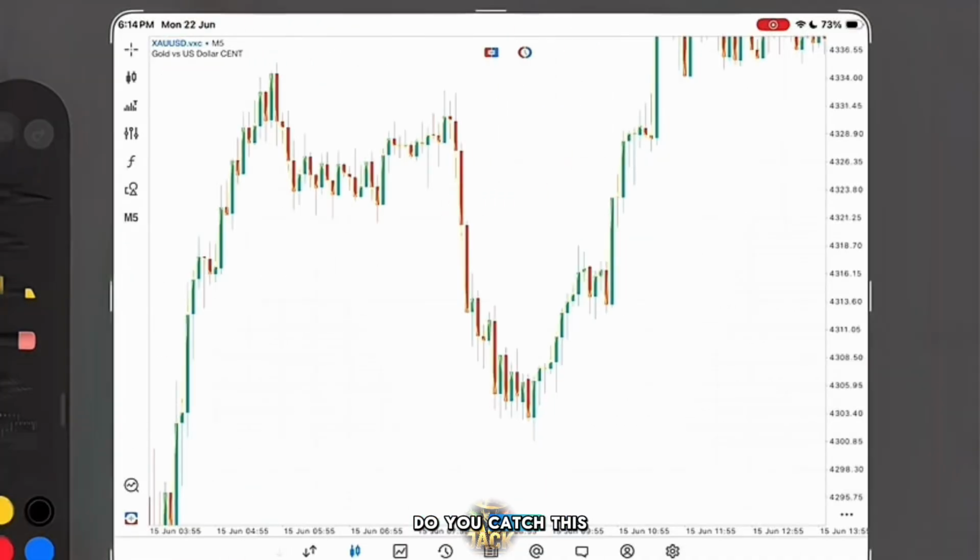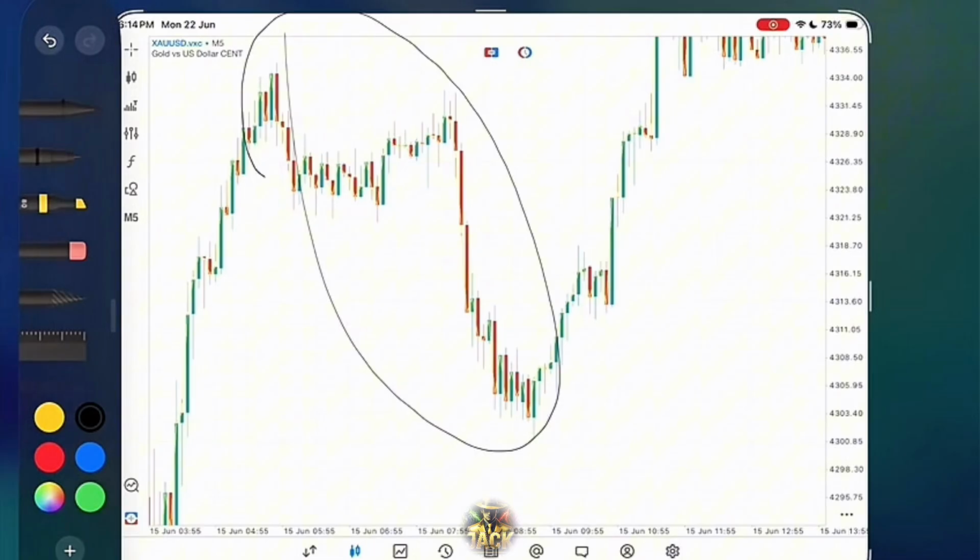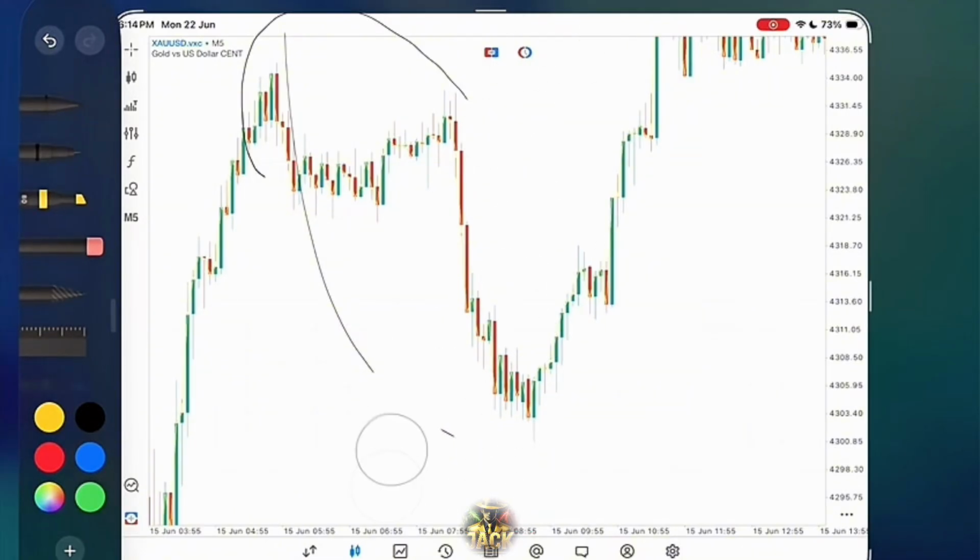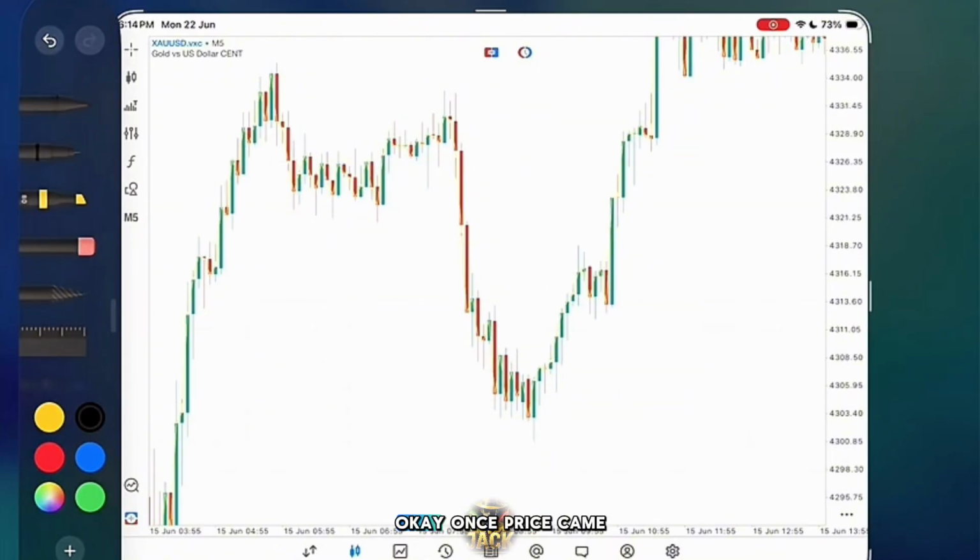How do you catch this sell? Simple. Once price came here, all you need to do is be patient. Once you are patient, you can identify the move.